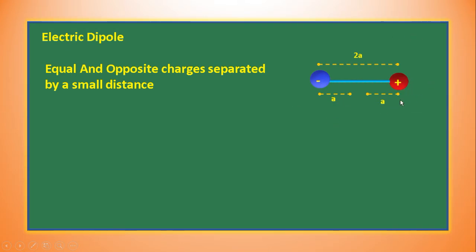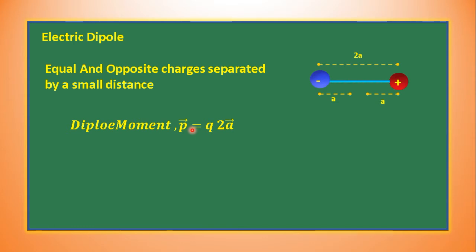See, the property of this dipole is characterized by a quantity called dipole moment. Dipole moment is defined as either of the charge. Q is the charge, this is minus Q and this is plus Q. Dipole moment is defined as either of the charge into the length of the dipole.